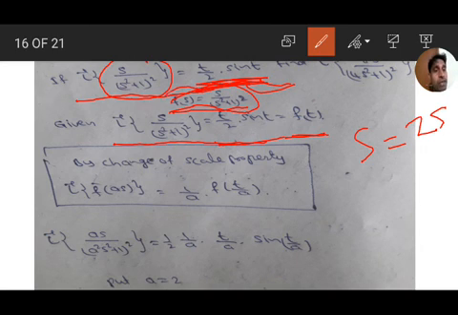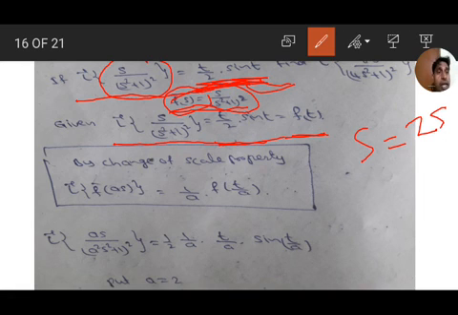If in the place of s you substitute 2s, then f bar of 2s equals 2s by 4s square plus 1 whole square. 2s whole square means 4s square, so 4s square plus 1 whole square.